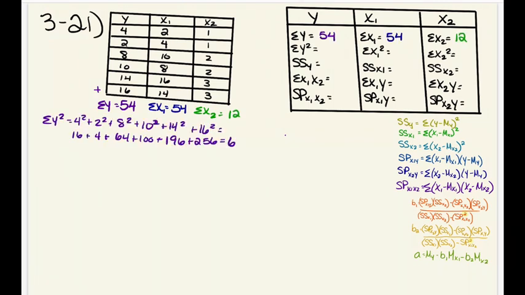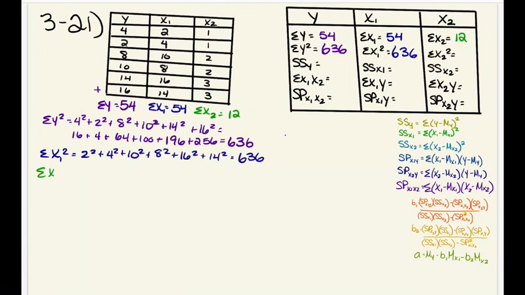To find the sum of y squared, we'll square each value and add them together. We'll do the same for the sum of x1 squared as well as the sum of x2 squared. So we'll square each value and add them together.